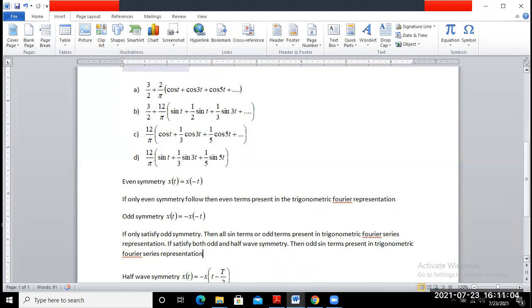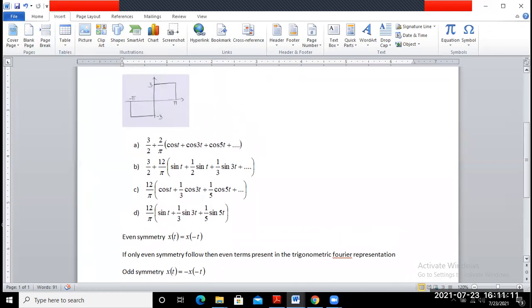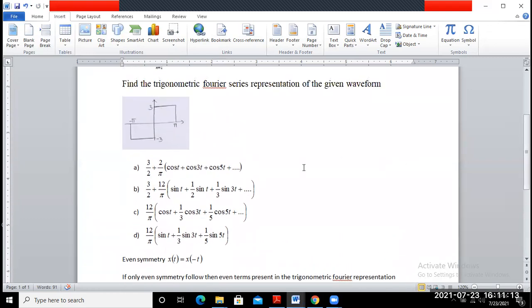In this way, the trigonometric Fourier series representation can be calculated in a few minutes, even a few seconds. If you go through the conventional method, you will take a lot of time, maybe 20 minutes or half an hour for this simple problem. With the help of symmetry, you can solve it within 1 or 2 minutes.